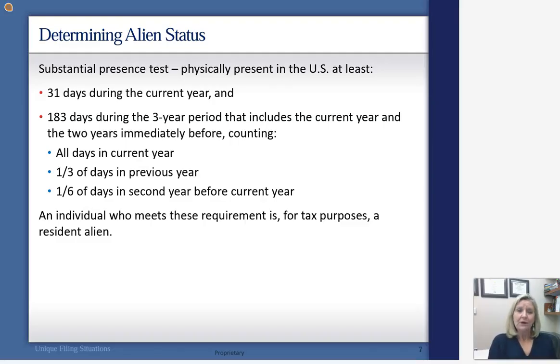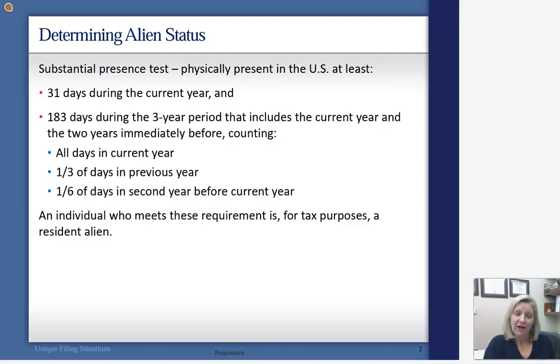And so the question is, do they file taxes as a resident or non-resident? All right. So if that individual taxpayer was here in 2025 for 183 days, boom, it's done. You don't even have to worry about the previous 2 years.